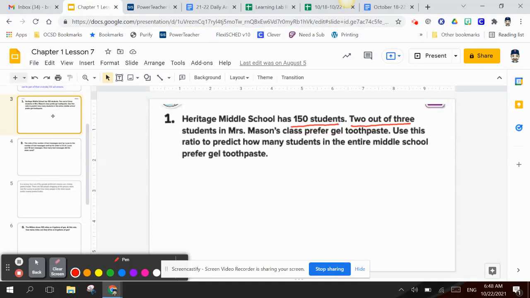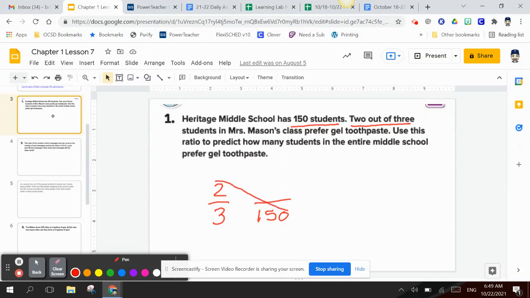So 2 out of 3 is the same as the ratio 2 to 3. So I can write a fraction as 2 out of 3. That's my ratio. 2 out of 3 is the same as 2 over 3, 3 being the total. So next I have 150 total students, so that's my denominator. So now to find my answer, I can cross multiply.